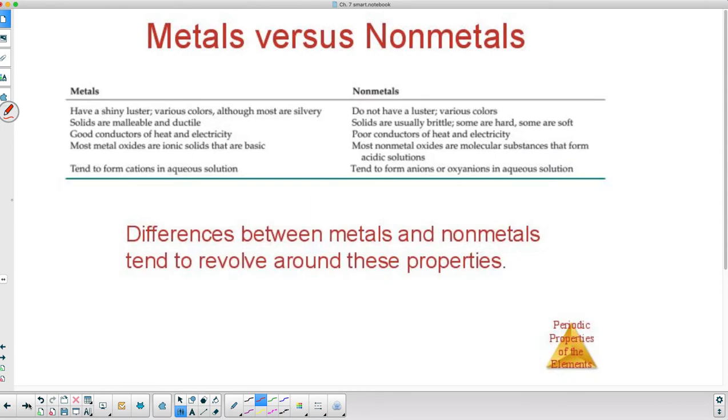So take a look at some metals. Metals have shiny luster. Luster means shiny. They come in various colors, although most are silvery, like gray or silver, and there are some that are obviously like copper or gold color, but for the most part they are silver. They are solids at room temperature, and they also tend to be malleable and ductile, some less so than others.